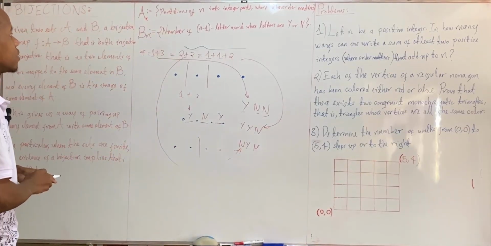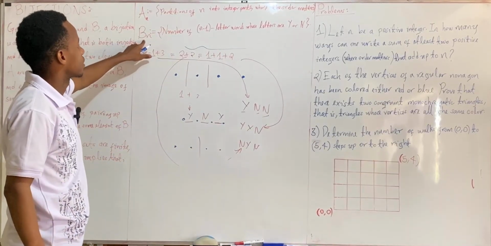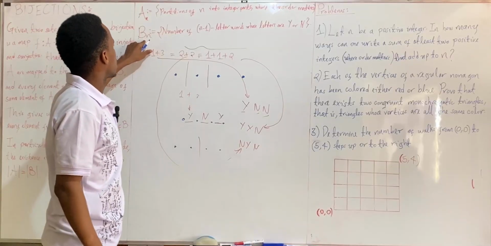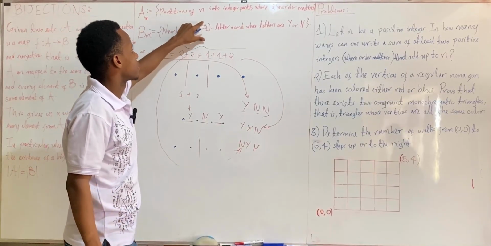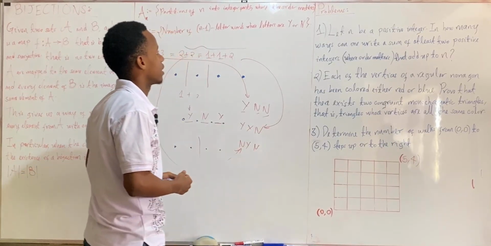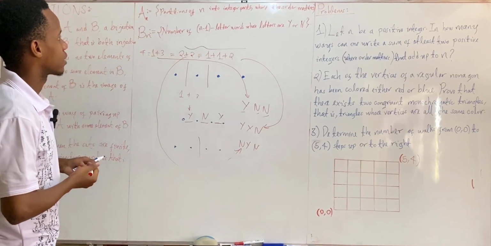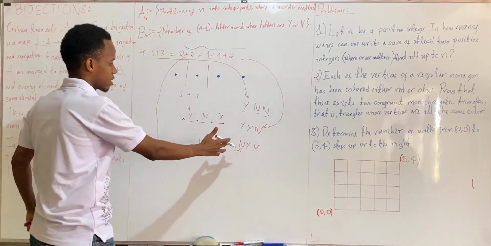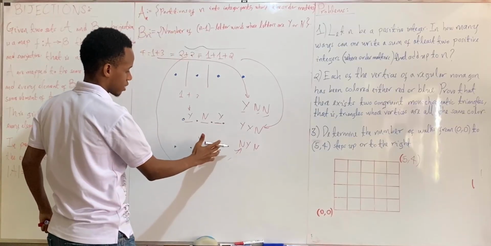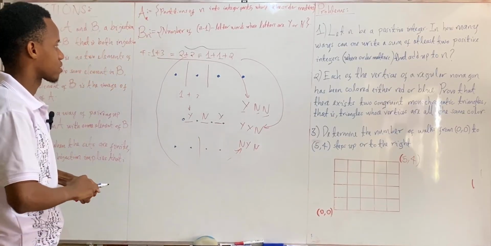So in this case, we define another set Bn, depending on n of course, which is the set of all the possible three-letter words whose letters are n or y, to represent the yes and the no's for the bars that we saw earlier.